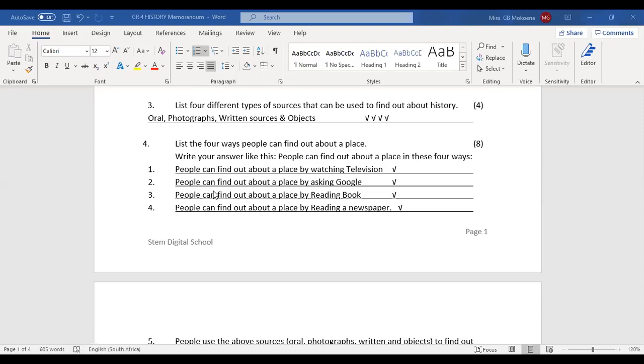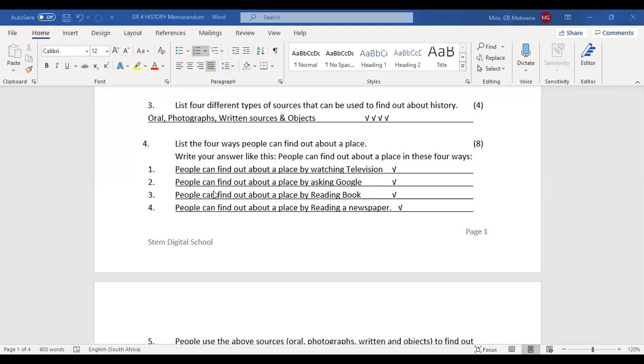When we watch TV, we can find out about Johannesburg, we can find out about Eastern Cape, we can find out about any place that we want. Also we can find out about the place by asking Google. Google is useful because it helps us find out about a place.